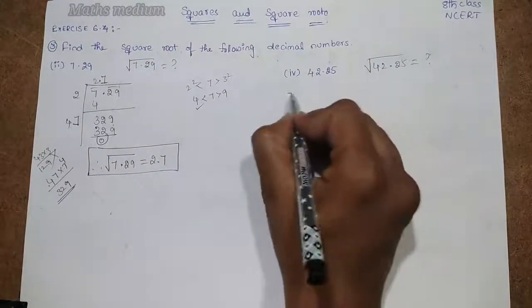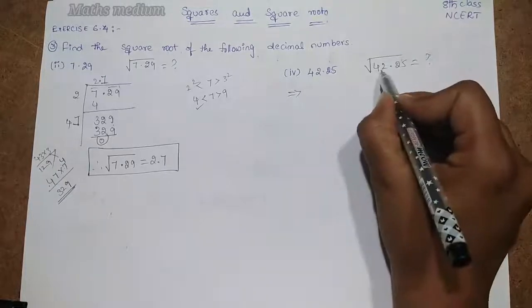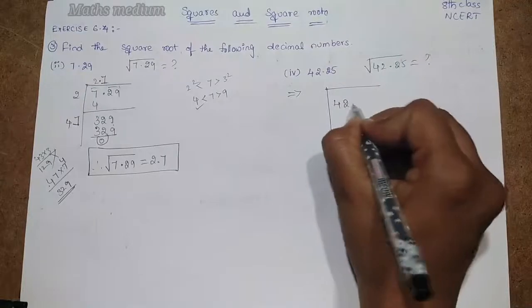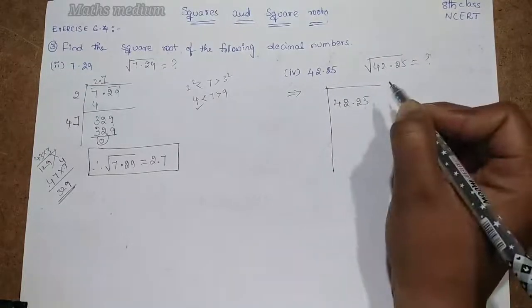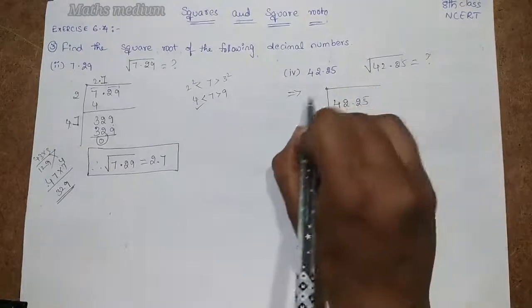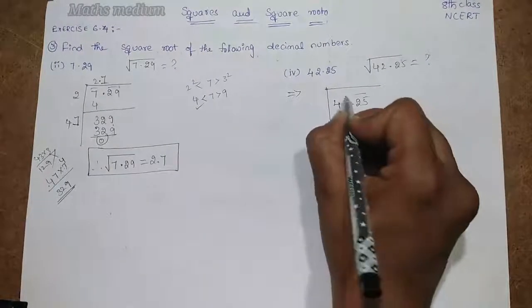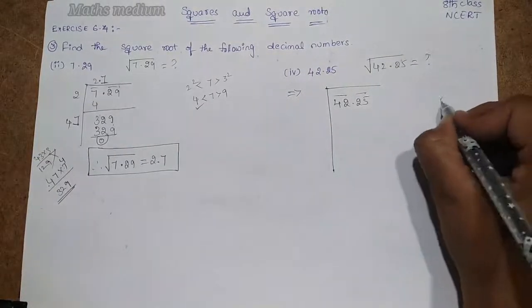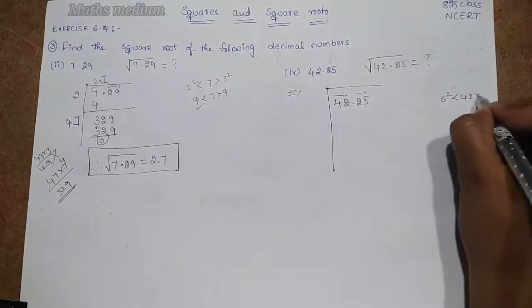Next, coming to this one. This is root over 42.25. Apply the same method here also. 42.25. First step is to make the pair bars from right to left. It means one digit to any digit. So start from the left side. So it is 42. It is in between 6 square and 7 square.